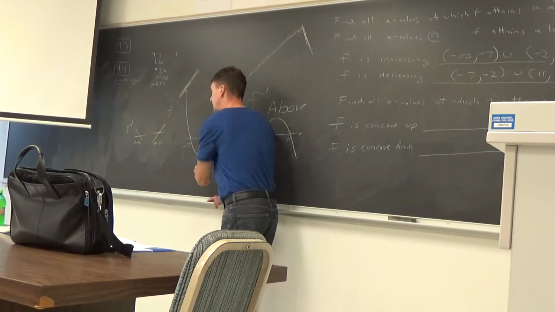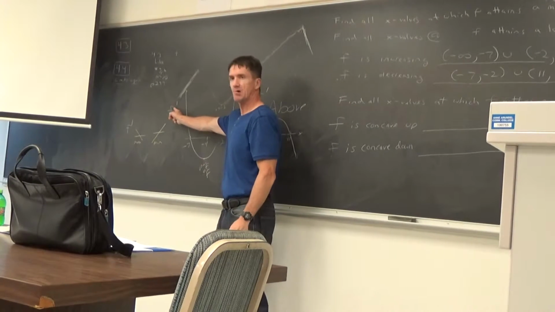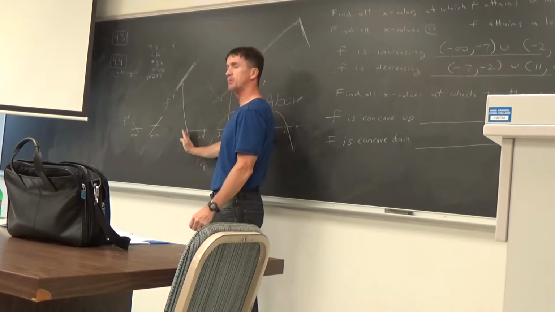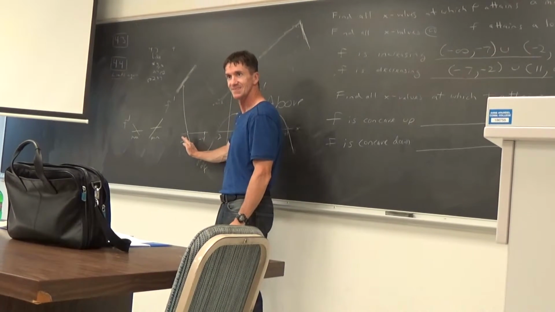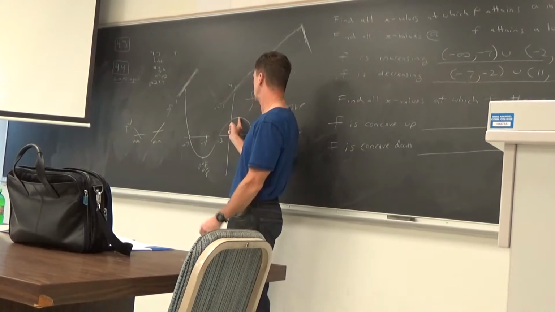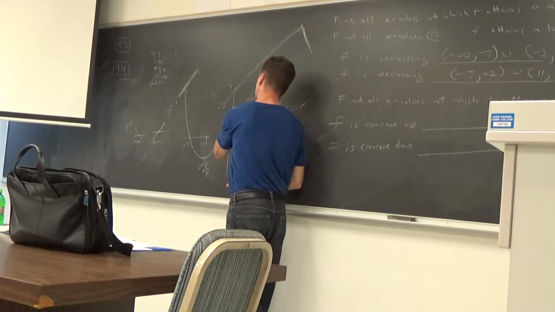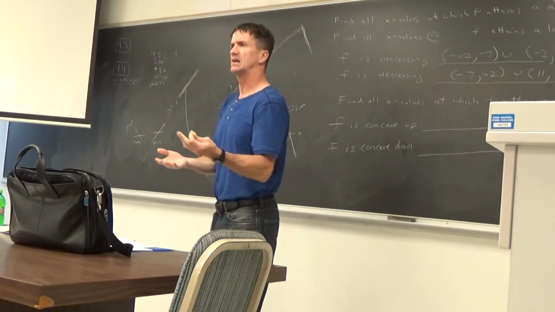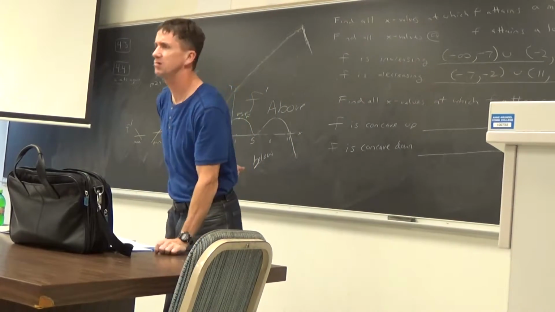You go, really? Yeah, because look, this is f prime. Then f double prime would change, because f double prime is the slope of this funny thing. So that's why I'm saying it's right there. Where's another hill? Right there. You got a point of inflection of f. I want to make sure I say of f, because I don't want you to think it's a point of inflection of f prime.